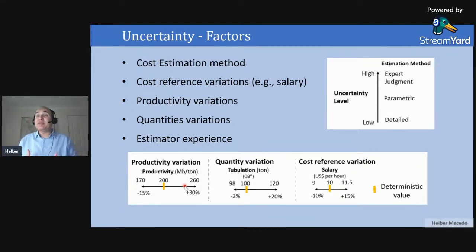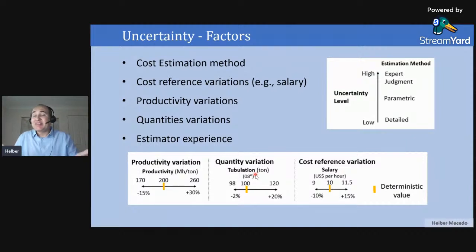So there are a lot of things that could make a variance for that productivity. So this is uncertainty. In the same way, the quantities, your takeoff, you have uncertainties there because you plan something, but during the execution, maybe some variations in your scope. So there are some uncertainties correlated with your scope as well. So all these factors would affect your final results.